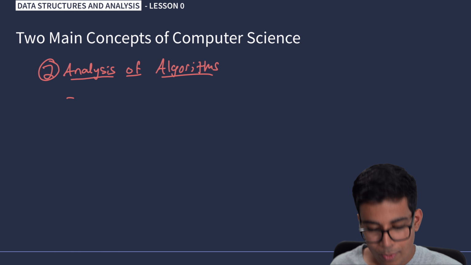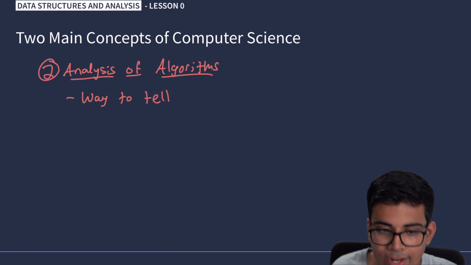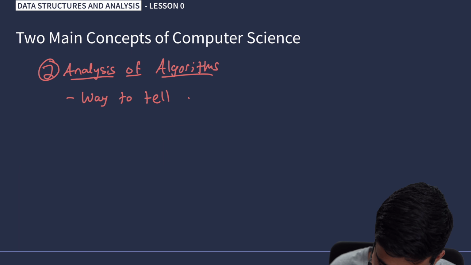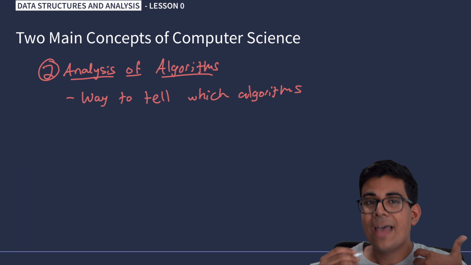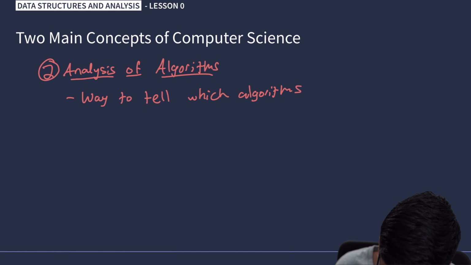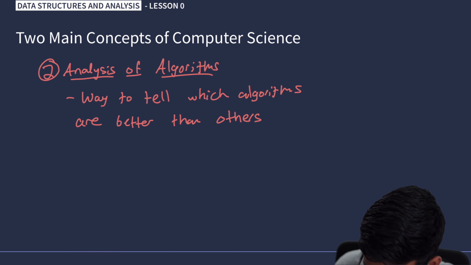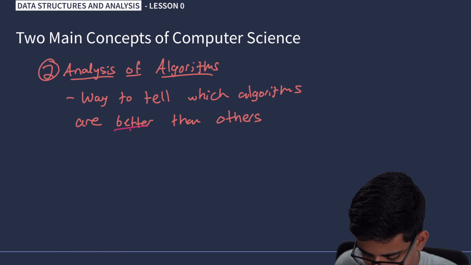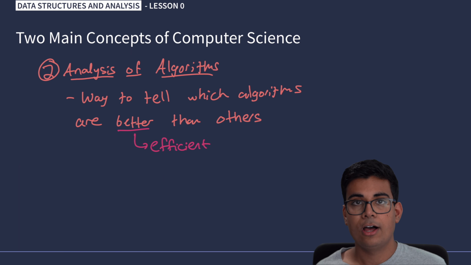So we need a way to tell which algorithms are better than others. And really, when we're doing this, we're trying to decide which ones are more efficient than others, right? So which ones are generally more efficient than others.